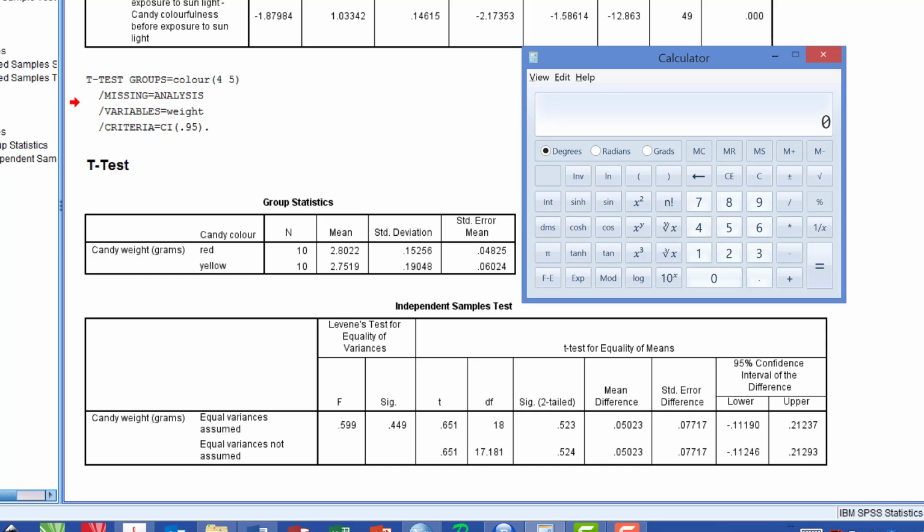But it's a special kind of standard deviation, a kind of average of the standard deviation of weight among red candies and among yellow candies. So it's somewhere between 0.15 and 0.19. Now this combined standard deviation, which is called a pooled standard deviation, requires some squaring and taking a square root. Instead, we use a different approach.